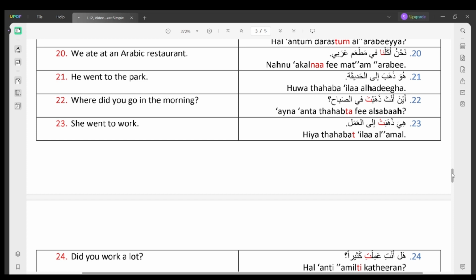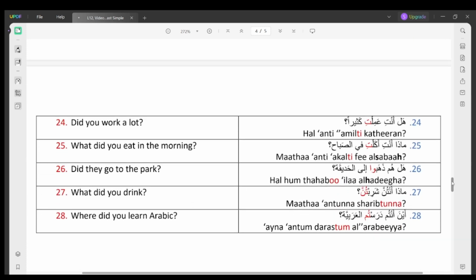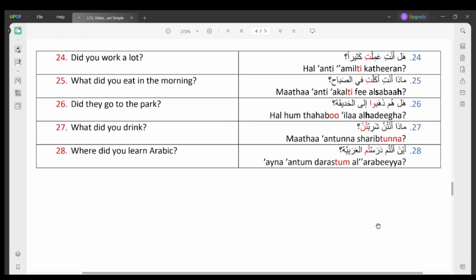Number 22. Where did you go in the morning? أين أنت ذهبت في الصباح؟ Number 23. She went to work. هي ذهبت إلى العمل. Number 24. Did you work a lot? هل أنت عملت كثيرا؟ Number 25.